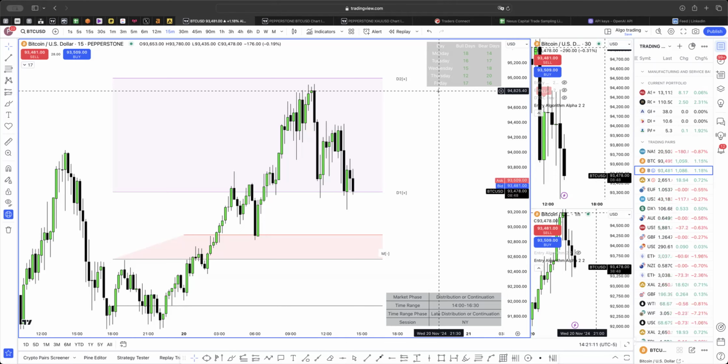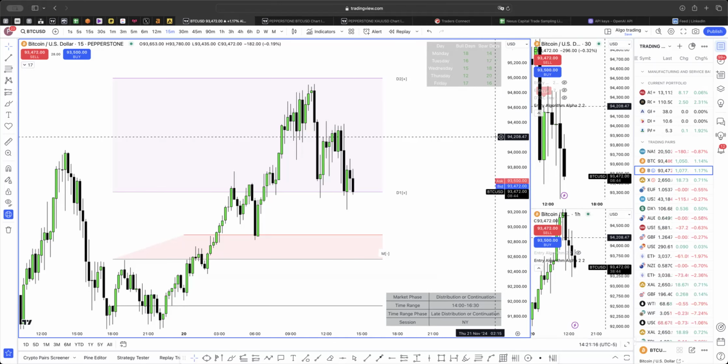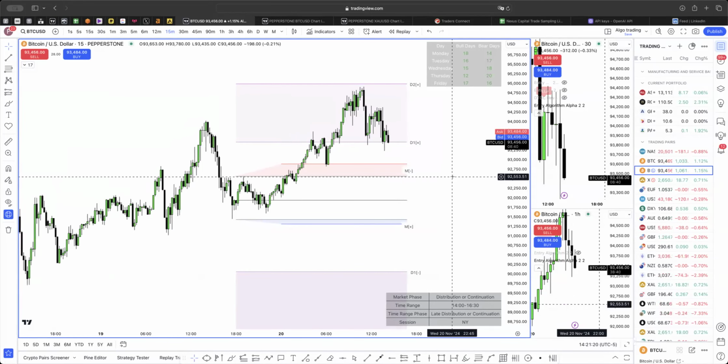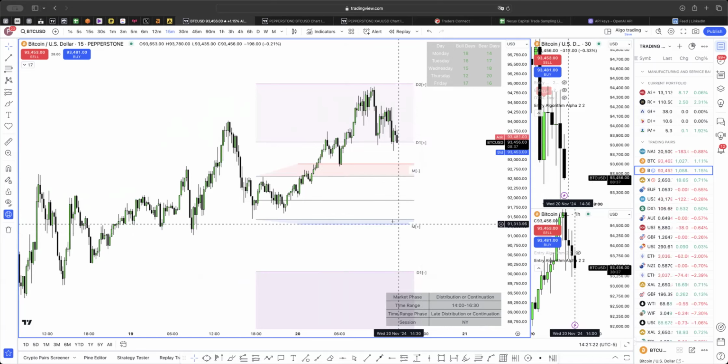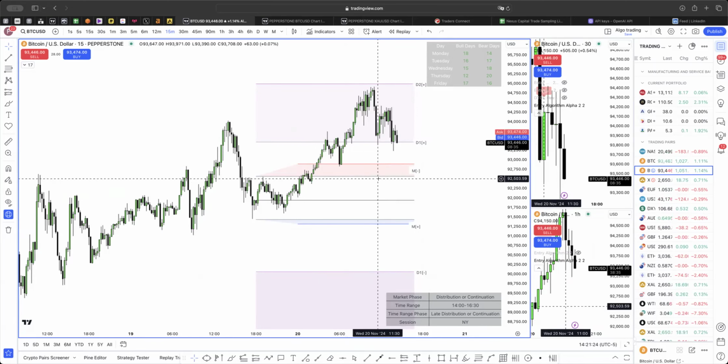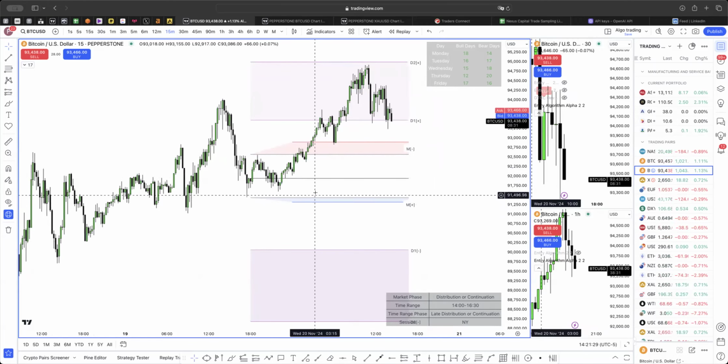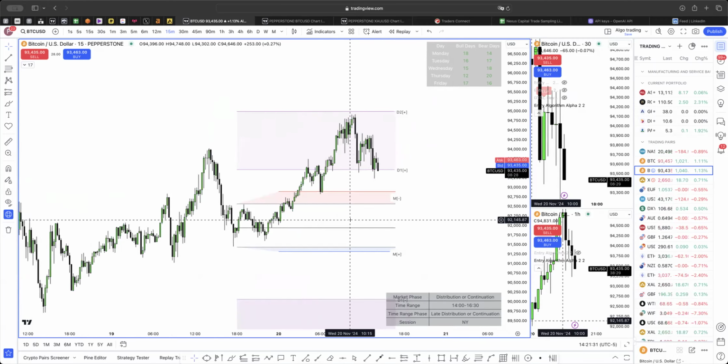Now, you can also see that I have an indicator that I've developed as per my suite of algorithms, which calculates the statistical levels for this particular day on basically every asset class that's there on TradingView. And you can see that it calculates the manipulation levels and the distribution levels, right?